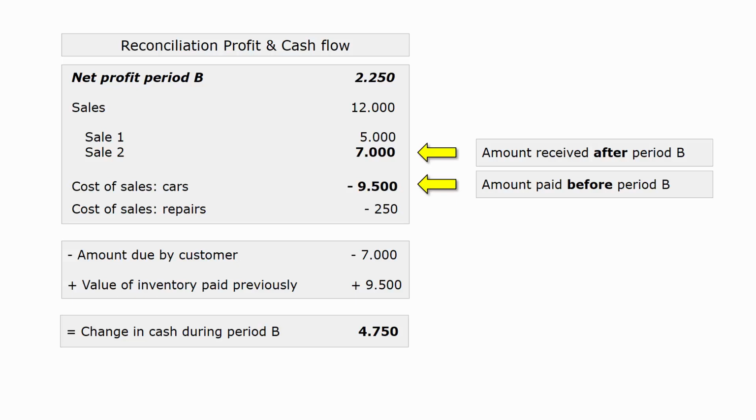These timing differences are called accruals and are typical for how financial accounting works. This is why we call financial accounting accrual accounting.